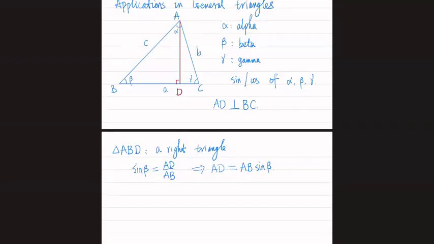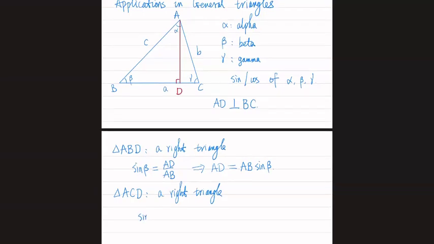Now let's apply the same thing to a different triangle, triangle ACD. Again, this is a right triangle. Sine gamma. Amy, do you find a formula for sine gamma in this right triangle?